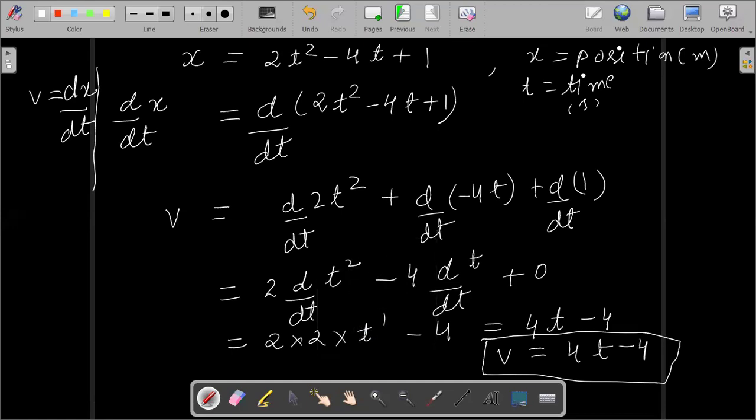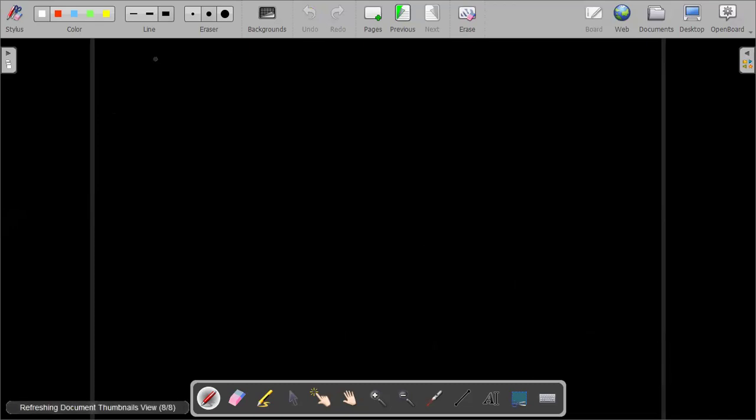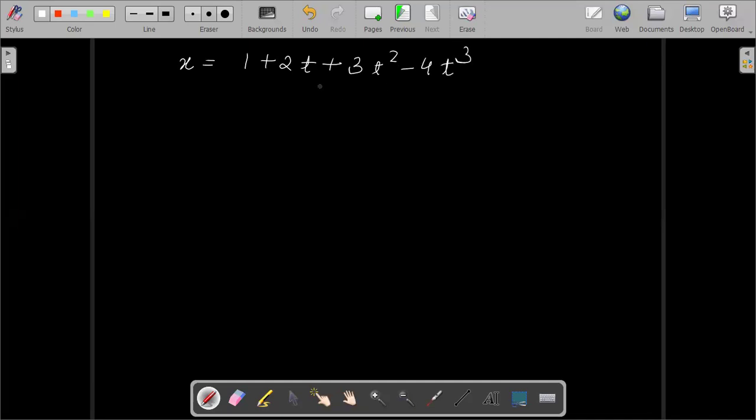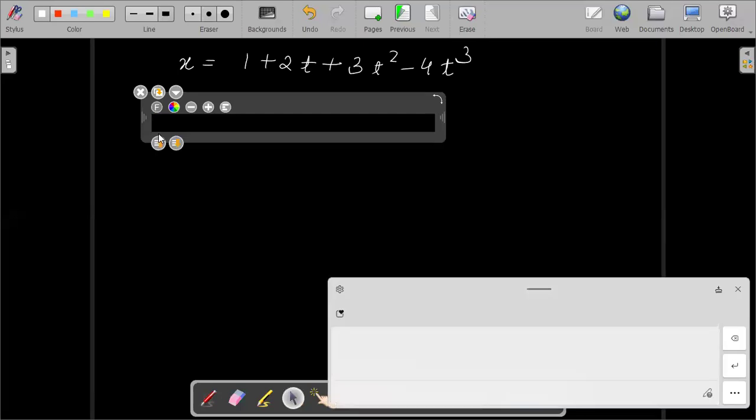Okay. Suppose your position x is given as 1 plus 2t plus 3t squared minus 4t cube. Let me give you some questions here and let's try to find them out.